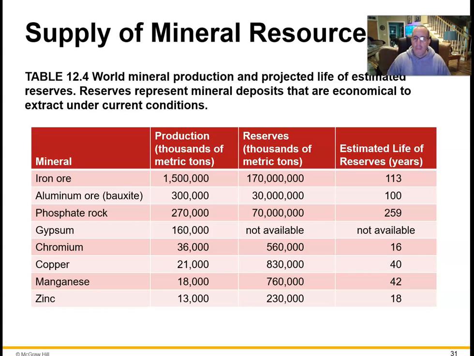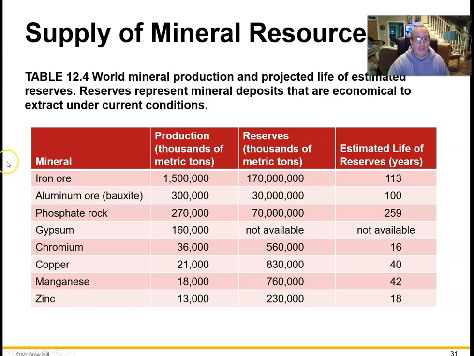Now, 113 years of iron ore sounds like a lot. Your lifetime, my lifetime are going to be gone by the time 113 years comes around. But if you think about how short of a time humanity has been industrialized and realize that we're going to run out of iron ore in 113 years, that's pretty quick on the geologic scale especially.